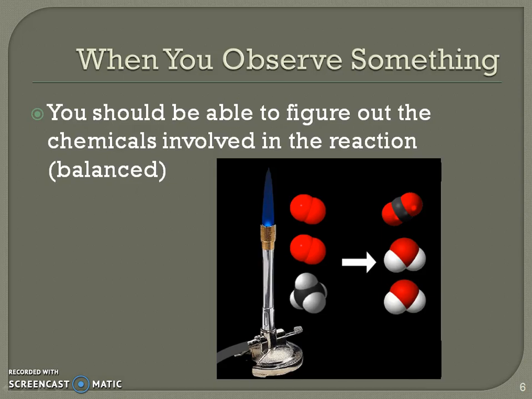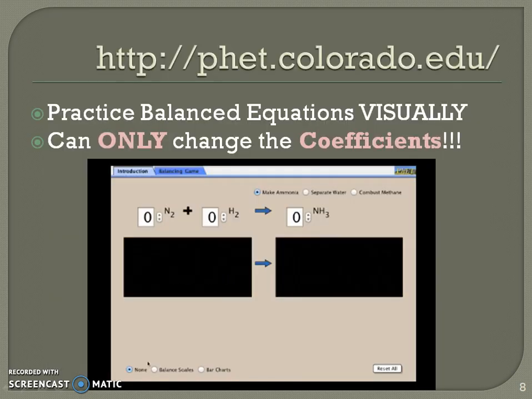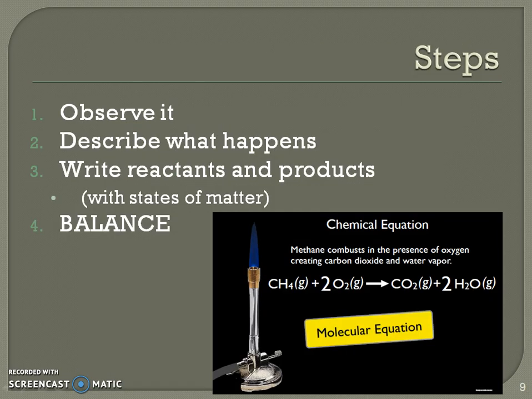So when you observe something, you should be able to figure out what the chemicals involved in the reaction are. He gave you a nice flow chart, as he always does. He also did a phet.colorado.edu simulation where he showed you visually how you can only change those coefficients. You cannot change the elements or the compounds' formulas within them.